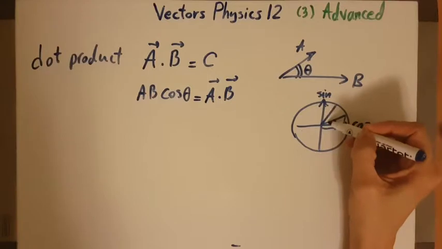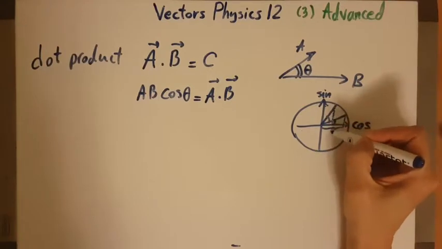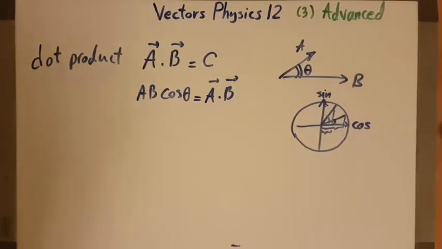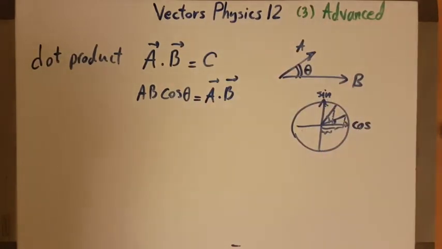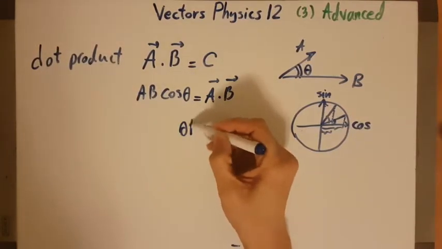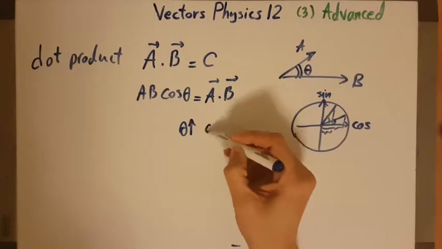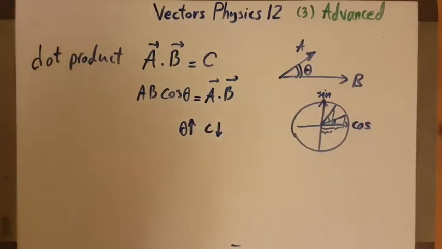The bigger the angle gets, the smaller the cosine gets. So the bigger the angle between these two gets, the smaller the result of the multiplication would be. As theta gets bigger, the result gets smaller.